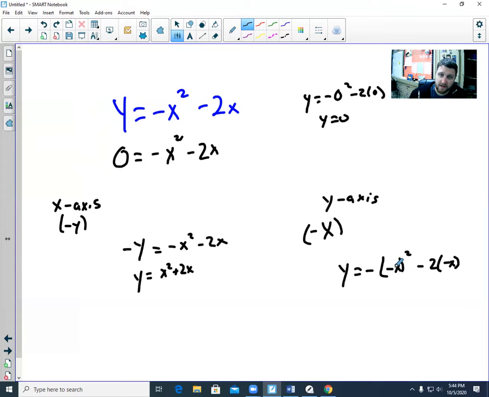When I plug this in, negative x squared will just come out to be x squared, so this is going to be negative x squared. And then negative 2 times negative x will end up being a positive 2x, which is not the exact same thing as the original equation. So it actually won't have any symmetry at all.